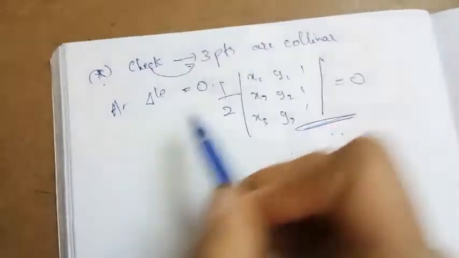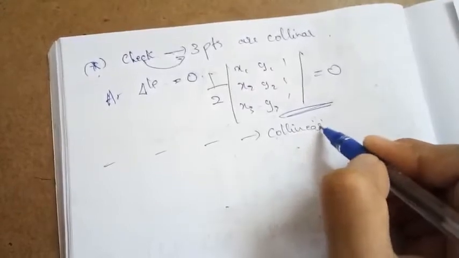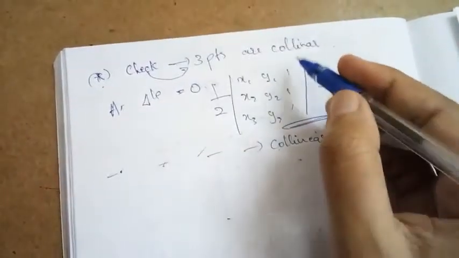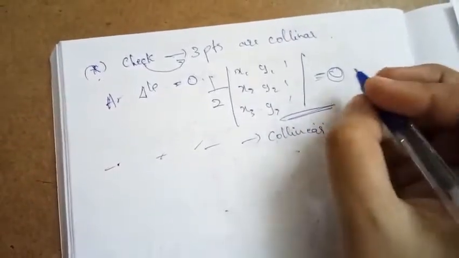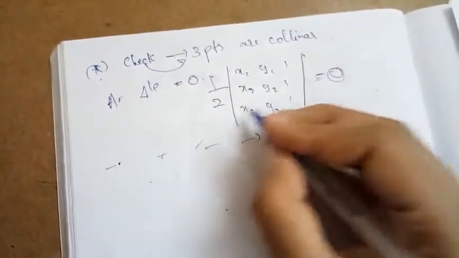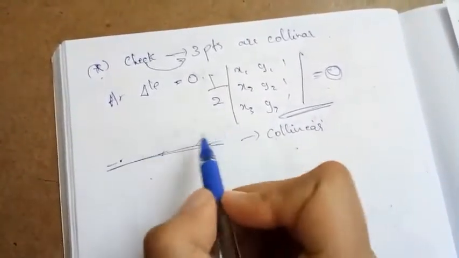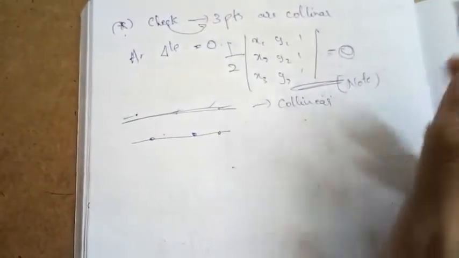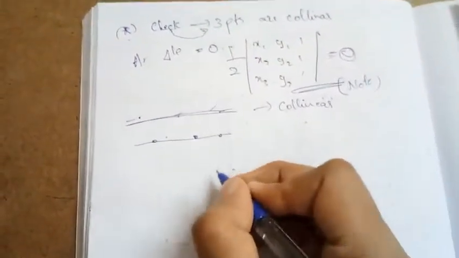So if they give any 3 points and ask us to check whether they are collinear, after using these 3 points in this determinant and calculating its value, we must get 0. Then we can say that when the area of the triangle is equal to 0, it is clear that the 3 points are collinear, that is, they are lying on the same line. So these are the 3 notes which we need to remember in the section on area of a triangle. Let us understand these 3 notes easily by following examples.